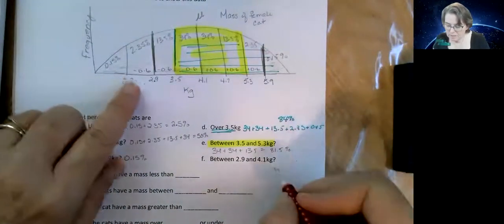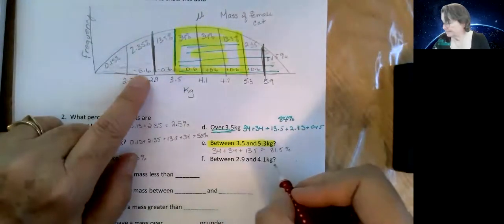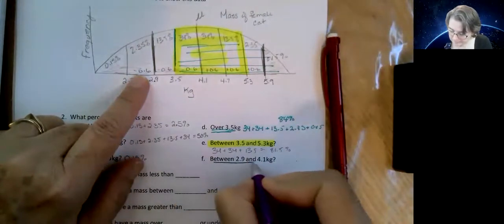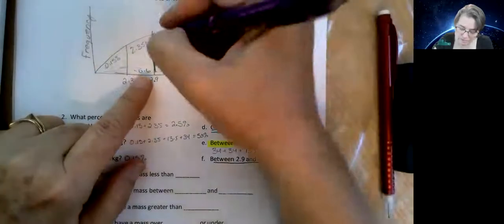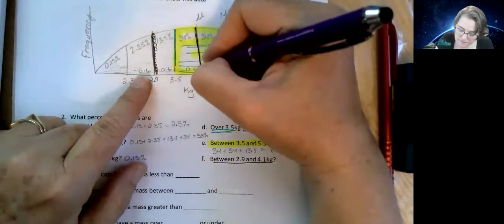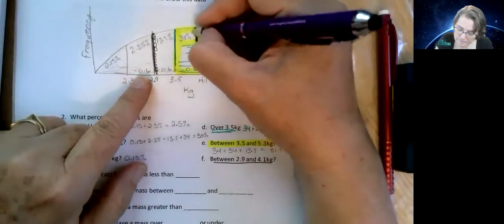All right, between 2.9 and 4.1. Okay, so 2.9 is there and 4.1 is there. So I want this area.